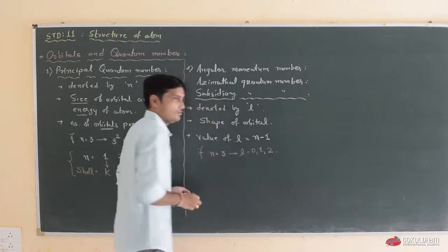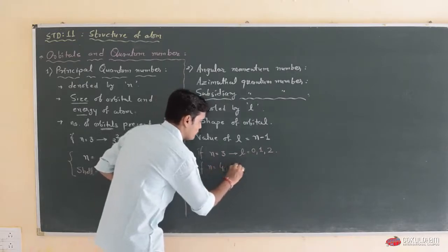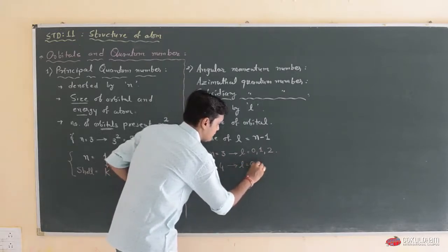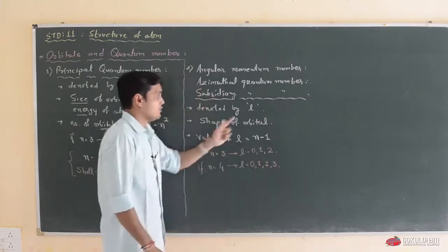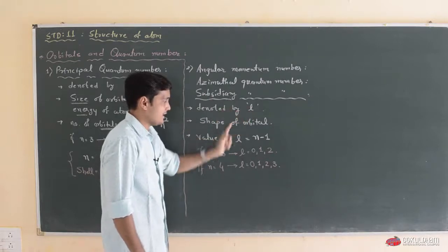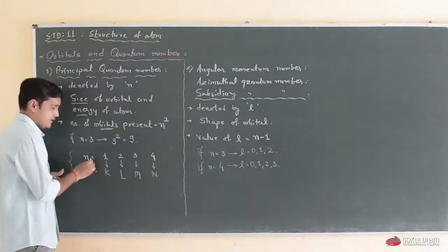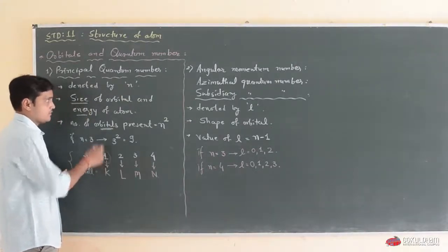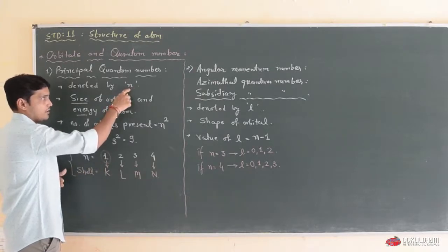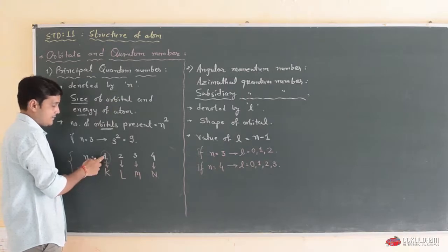up to 2. If n is equal to 4, the value of L is equal to 0, 1, 2 and 3. The value of L starts from 0, and the value of n starts from the whole integer number 1, because the principal number is for the first orbit, so we cannot identify this quantum number by 0.